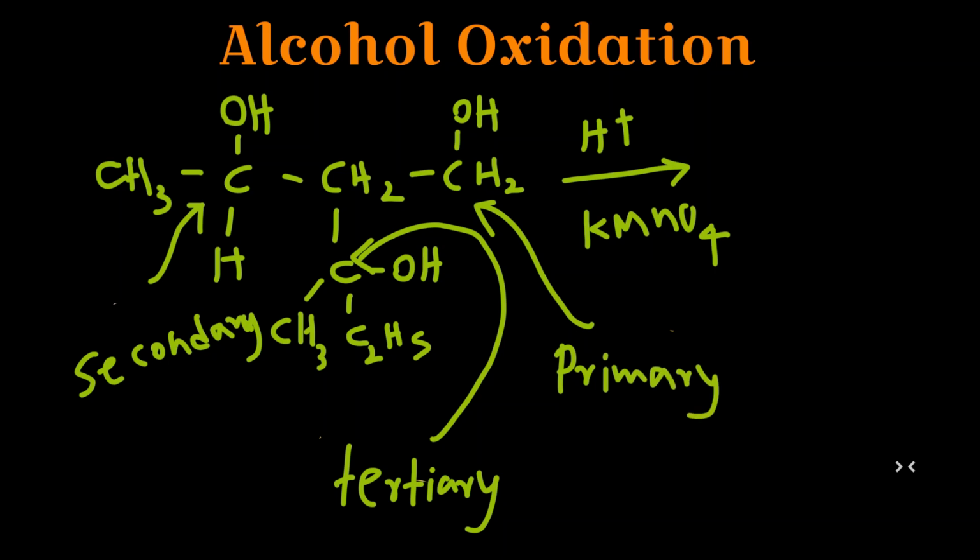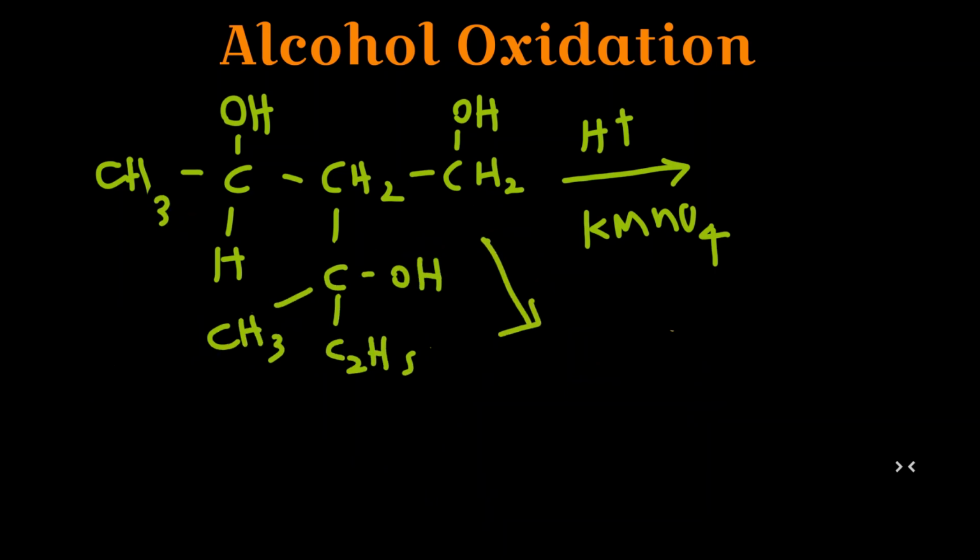Now we know that only secondary and primary alcohols can be oxidated, but tertiary alcohols cannot be oxidated because they have 0 hydrogen atoms on the carbon which is bonded to the OH group.